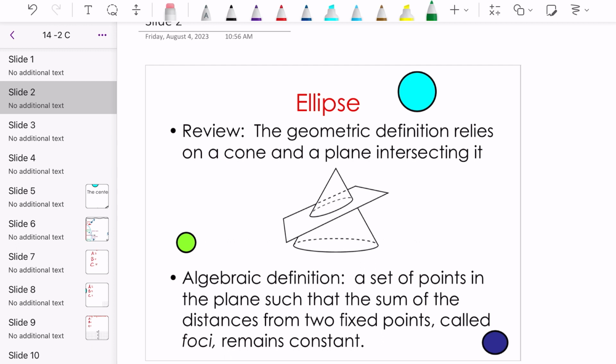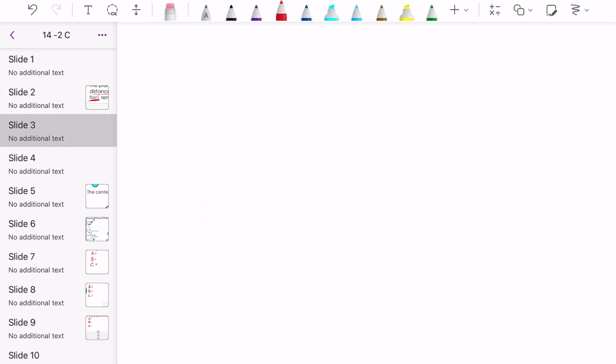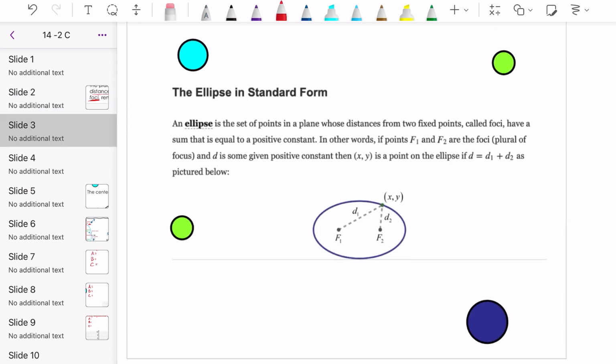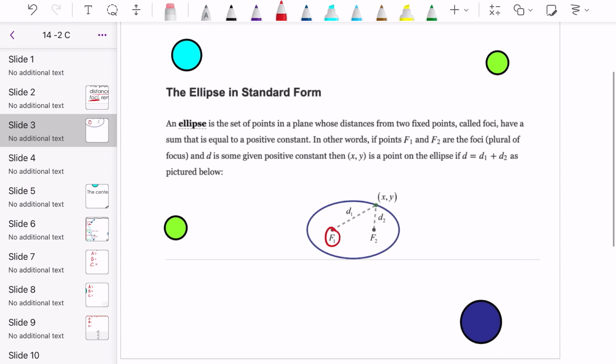Now, the most important part of this slide is that there is such a thing as a foci. That is the sum of the distances from two fixed points, and we're going to go further into that within the upcoming slides. Now you can see the focus 1 and focus 2 dots there.